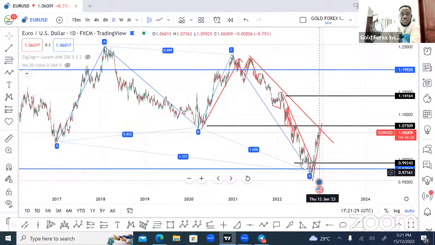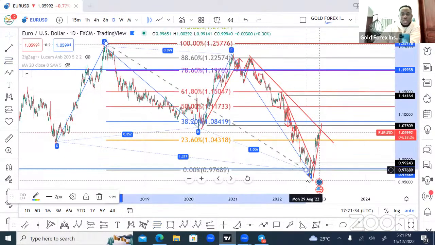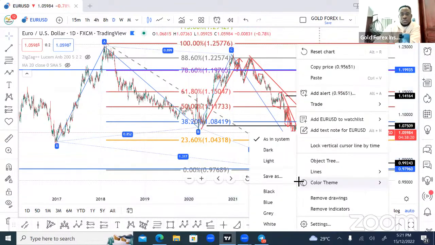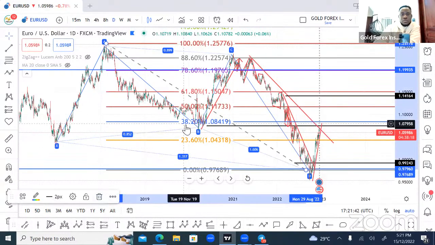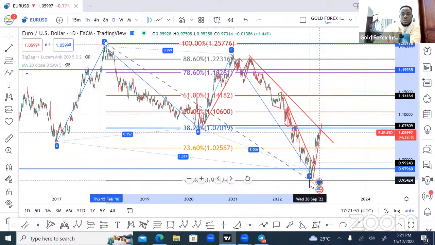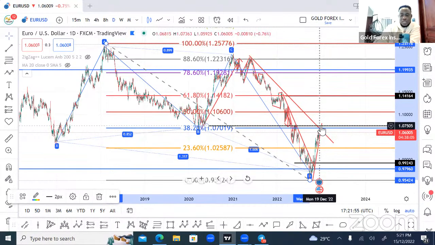We have over here, our first take profit was expected to end at 38.2. Yeah, so 38.2, you can see it has hit it exactly at 38.2. You can see it over. So it hit our take profit 1.